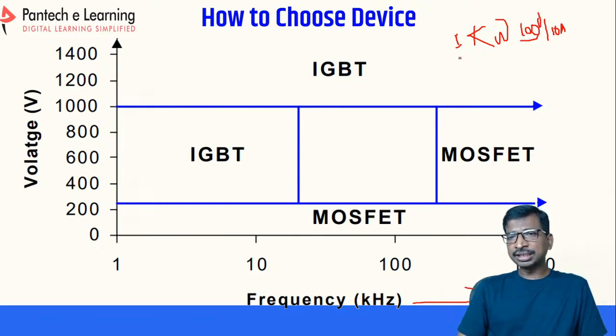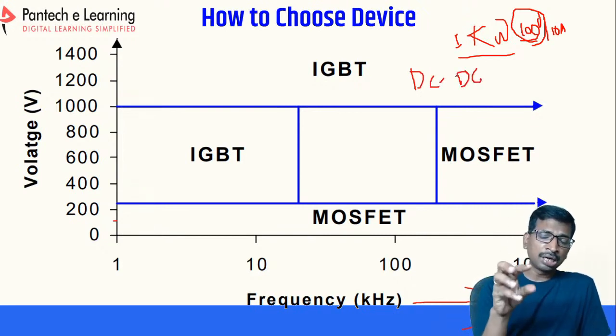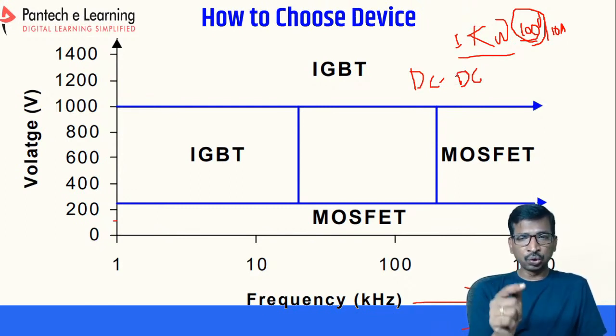So this comes under that 1 kilowatt. Now let us assume that this is the 100 volt part, right? And what is your switching frequency? Suppose you are going to take a DC to DC power supply, suppose you are going to design your onboard power charger, more than 100 kilohertz.